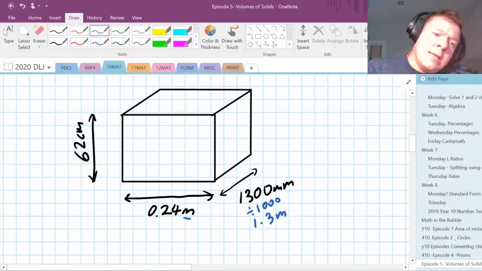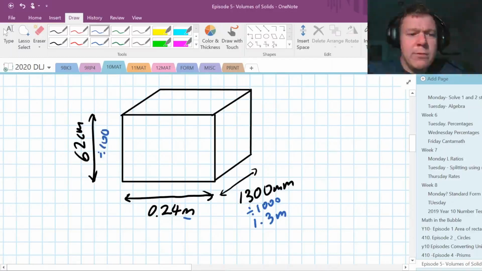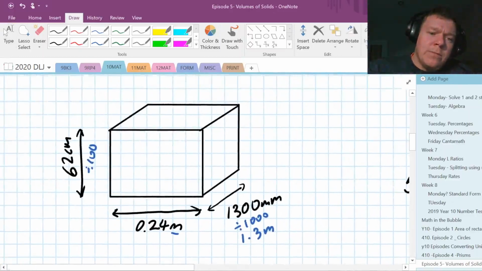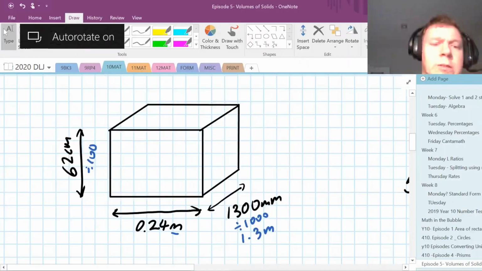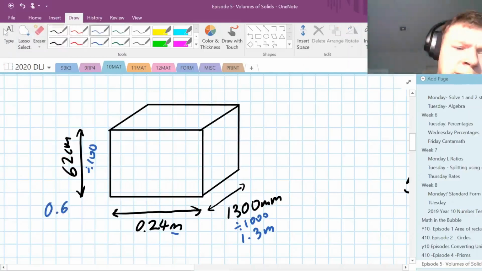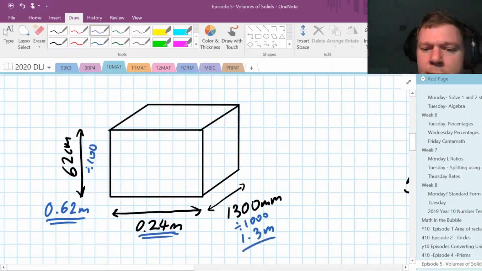And centimeters, we want to divide by 100 because there's 100 centimeters in a meter, so that would get us to 0.62 meters over there, 0.24, and 1.3.